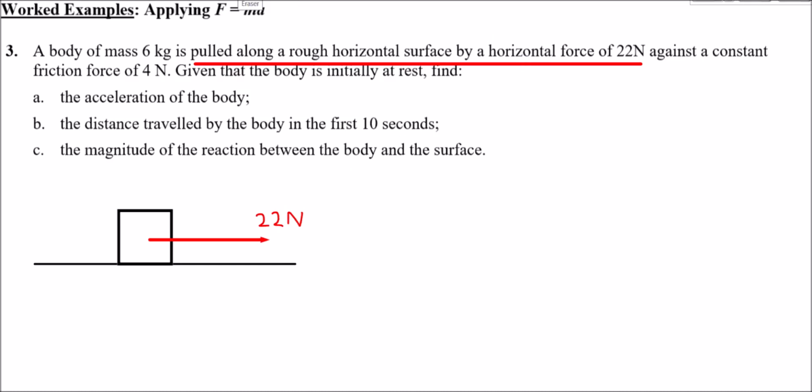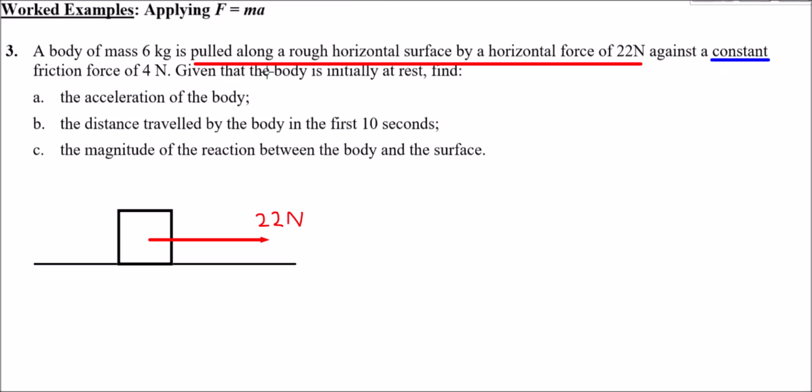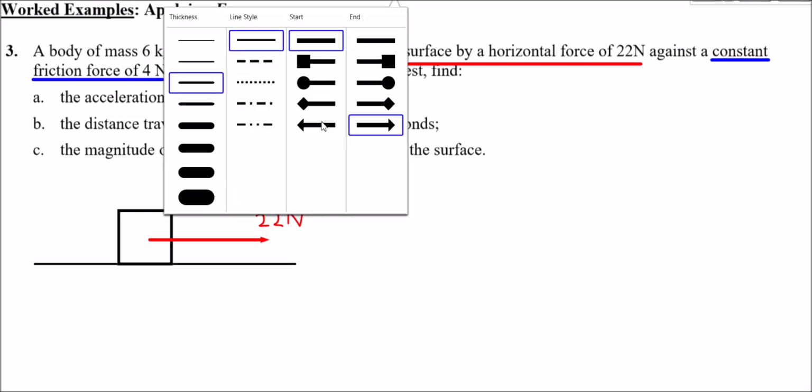There's also a constant frictional force. Constant means it's unchanging, and that's a force of 4 newtons. Friction will act between the surface and the object itself, so the friction is going to be essentially opposing the motion.